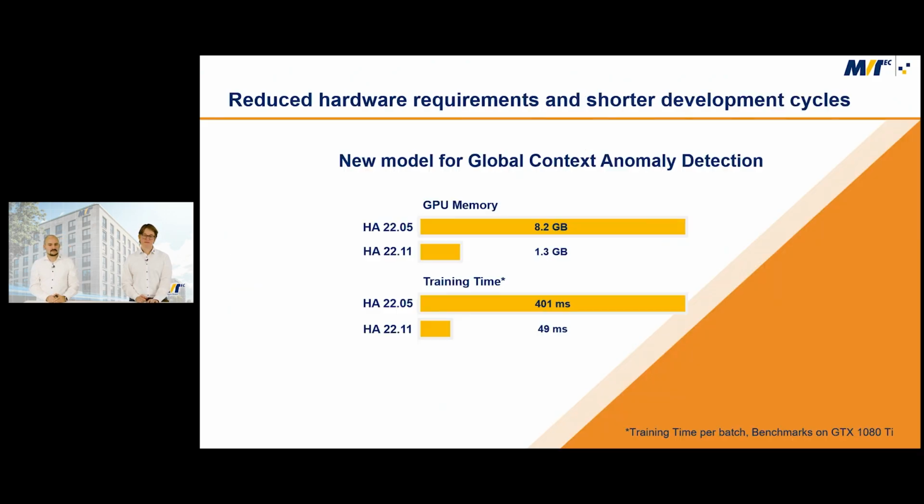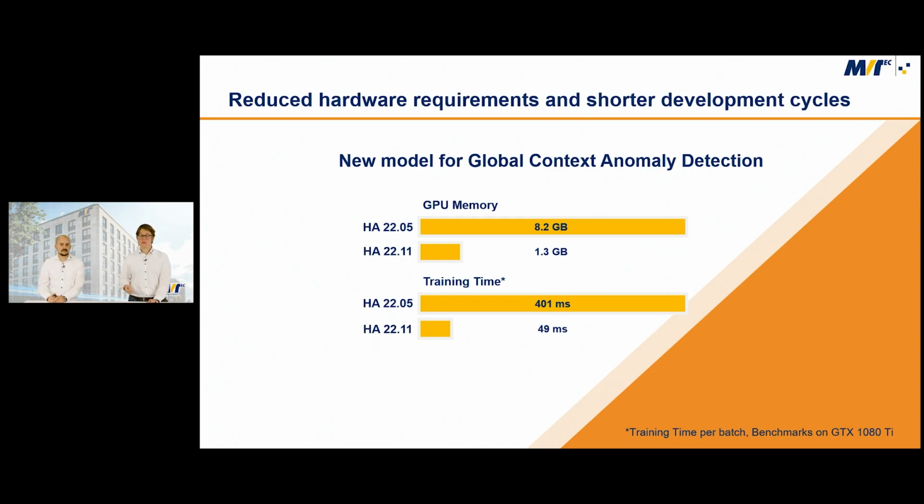Thank you again. Well, Mario mentioned this. There are huge improvements to the global context anomaly detection model. In this benchmark, we showcase, or these benchmarks are done on a 1080 Ti, so a quite lower end GPU. These models are comparable.